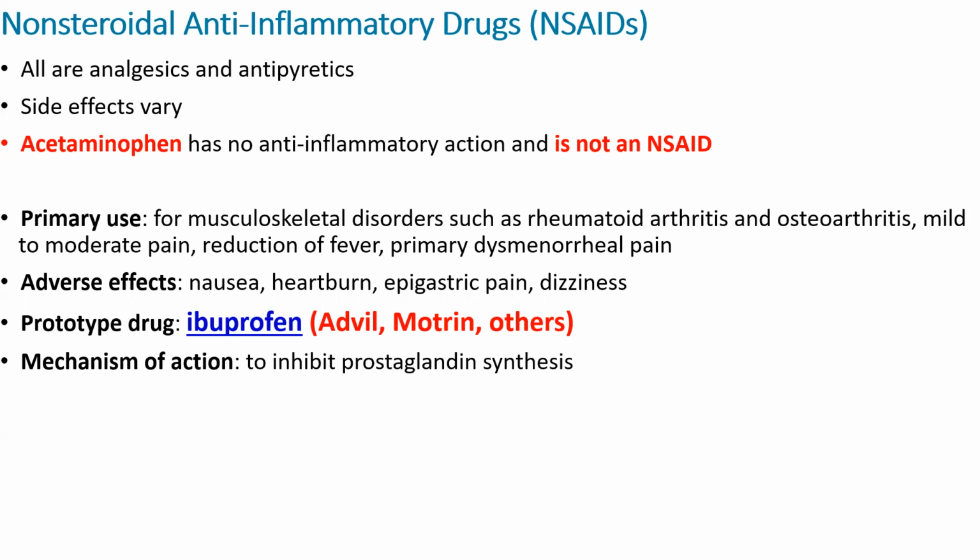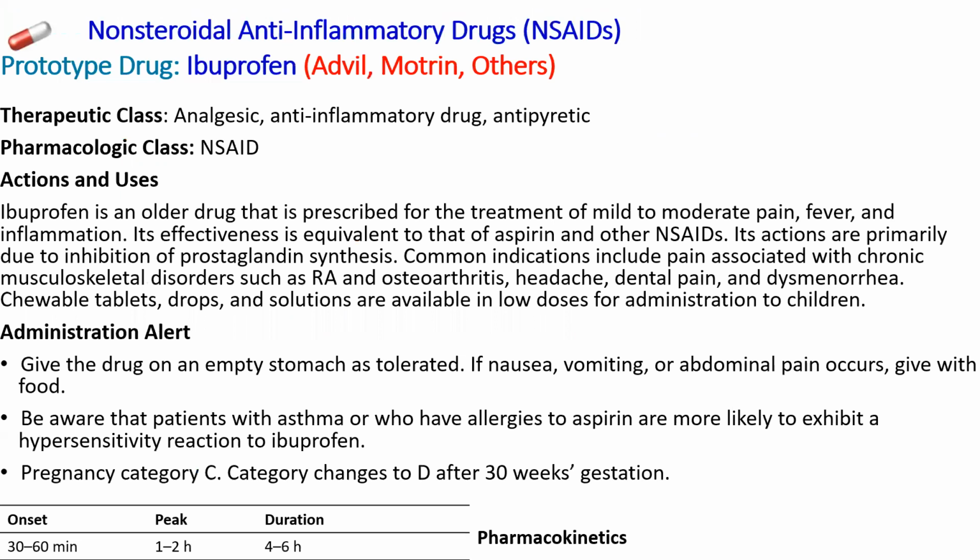The prototype drug for the NSAIDs is ibuprofen. The common indications for ibuprofen would include pain associated with chronic musculoskeletal disorders such as rheumatoid arthritis and osteoarthritis, headache, dental pain, and dysmenorrhea.